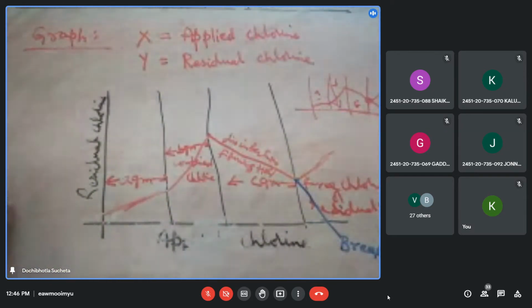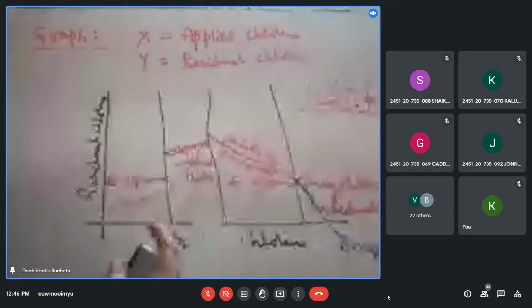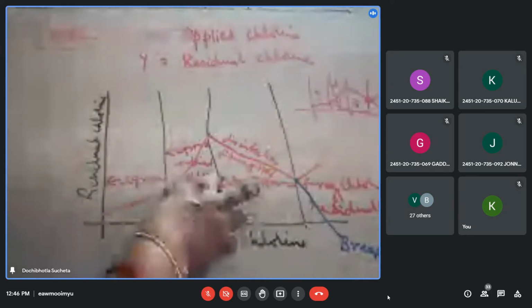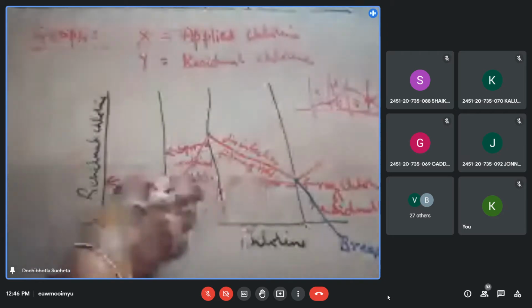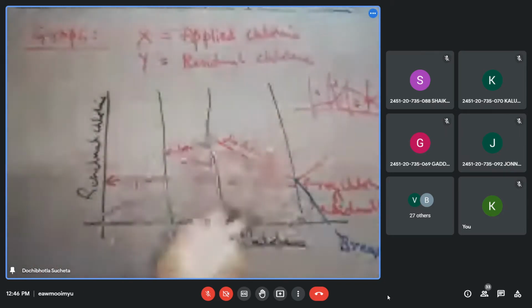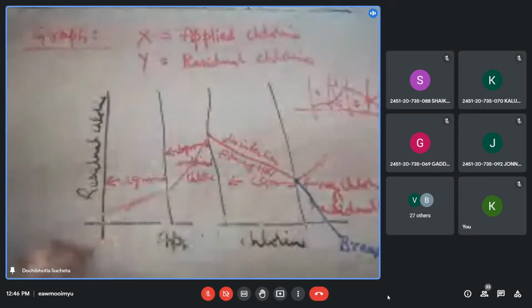So what the chlorine study also does, it helps us with the calculation about how to remove the organic compounds that are present in the water, or how to avoid growth of weeds and all in water, which can also be studied from this breakpoint chlorination graph.